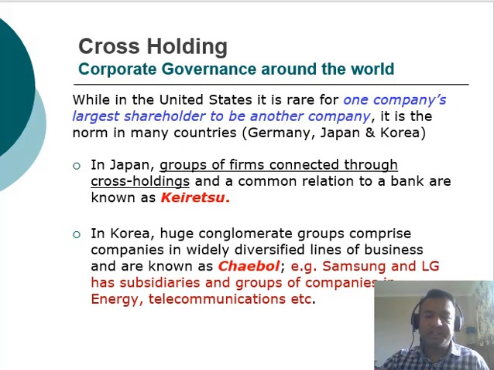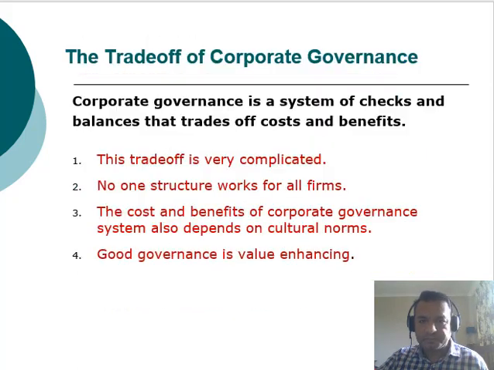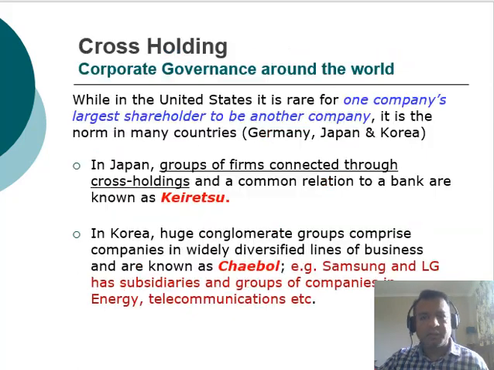In Korea, for example, Samsung and LG have subsidiaries and groups of companies in energy and telecommunication, which is called the chaebol. So this is a cross-holding option for these companies. Cross-holding is possible in some countries, as we mentioned in this slide, and it is a common scenario for different countries. So we are almost finishing our lecture.